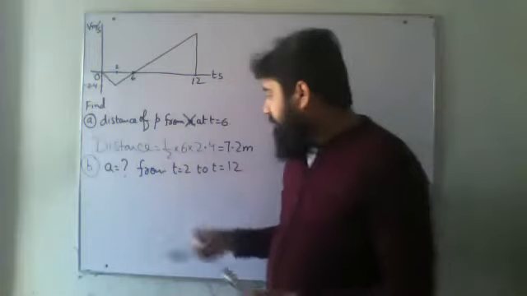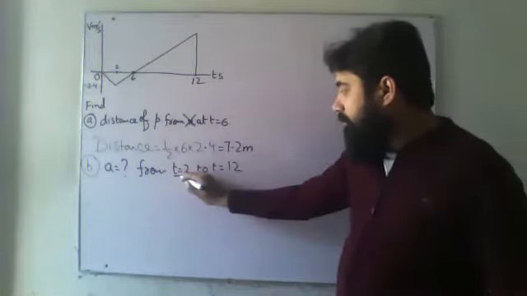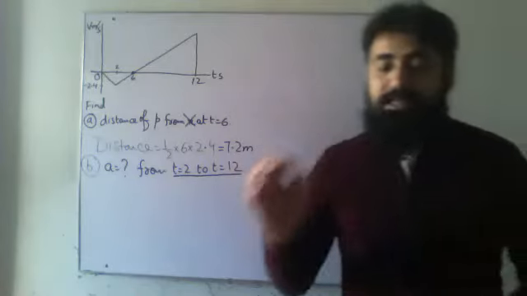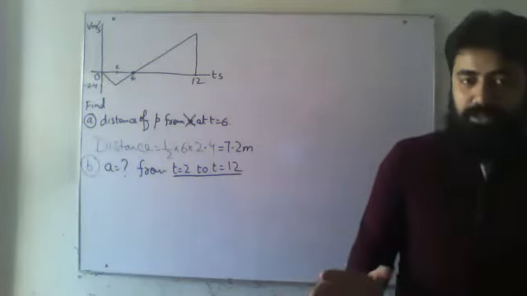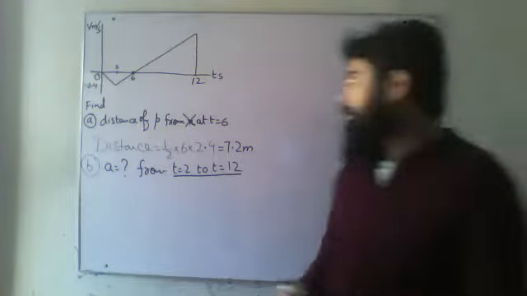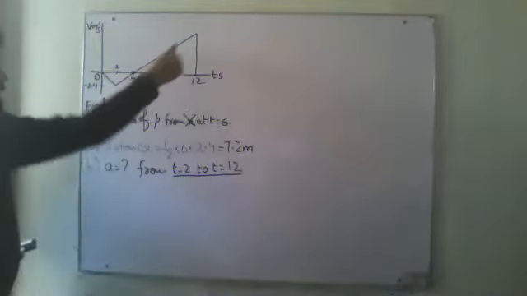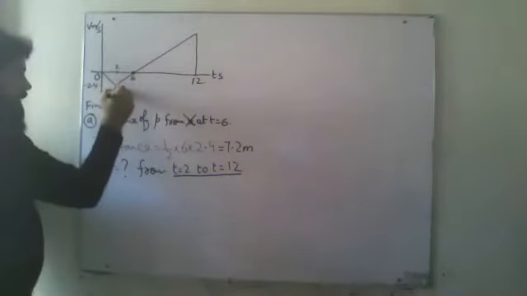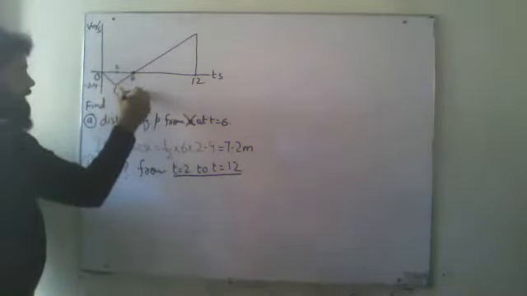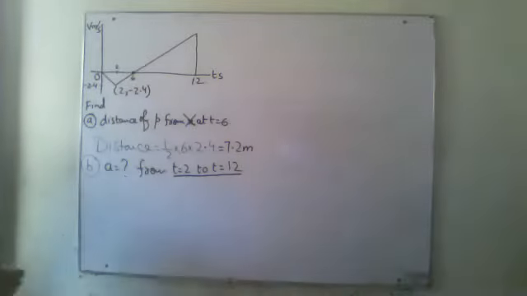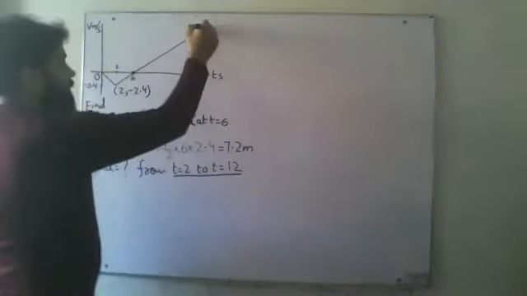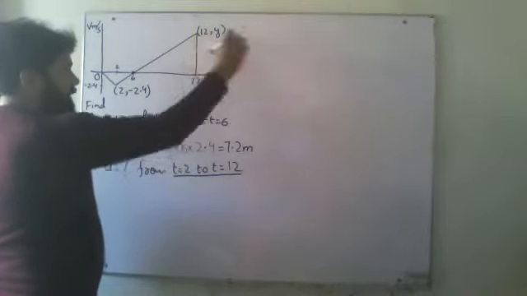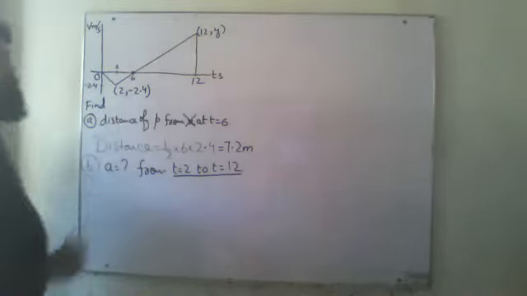They have told us to find it from t equals 2 to t equals 12. Basically, this is to confuse you. Why? Because it's a straight line. This point is 2 comma minus 2.4. Over here I have got 12, but I haven't got anything as y.